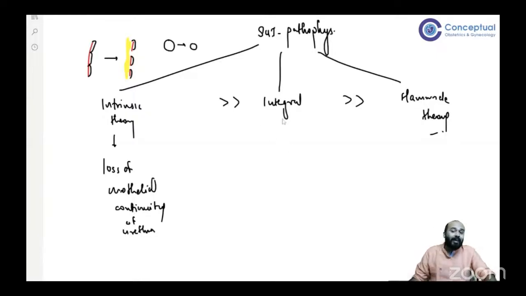Next is the integral theory. The integral theory says that your urethra is kept in a balance. If this is your urethra and this was your bladder, it is kept in balance by anterior pulling forces and posterior pulling forces. If this is my pubic symphysis and this is my sacrum, with the urethra and the bladder, and I'm not drawing the uterus and rectum over here, I had an anterior pulling pubo-urethralis muscle and a posterior pulling levator ani and pubo-cervicalis.